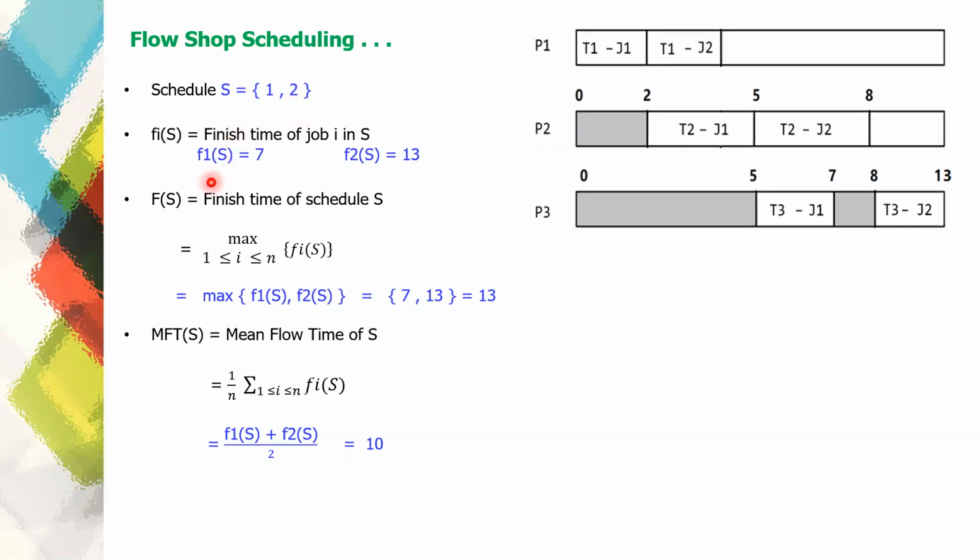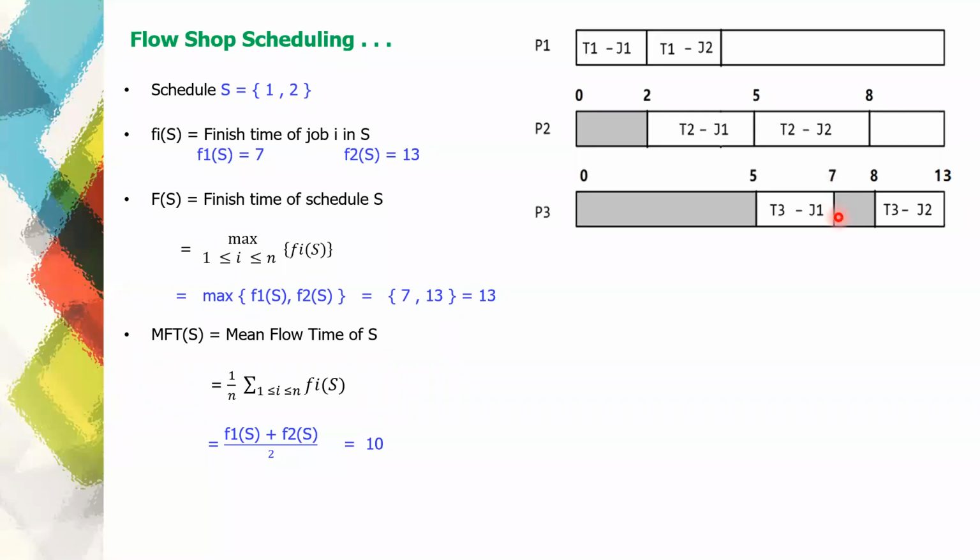Then the finish time is represented like this. F1 of S indicates the finish time of job 1 for schedule S. For the schedule S, what is the finish time of job 1? You can see here, job 1 is finished at the 7th time unit.